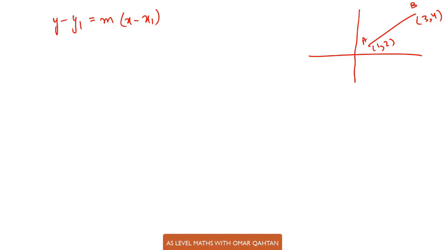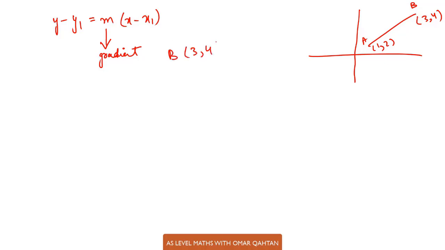So how do you use y minus y1 equals m into x minus x1 for finding the equation of this line AB? What I need here is the gradient and any one point. Either I could use A or I could use B. I would like to use B now.